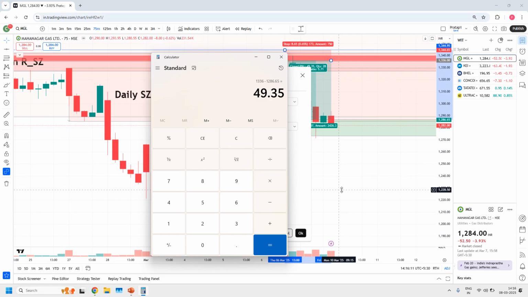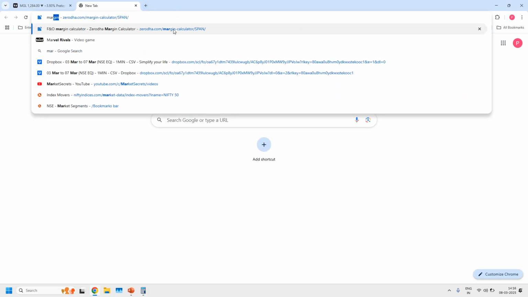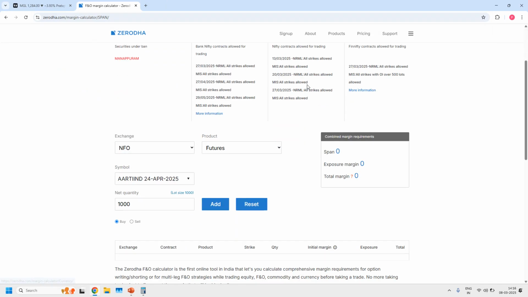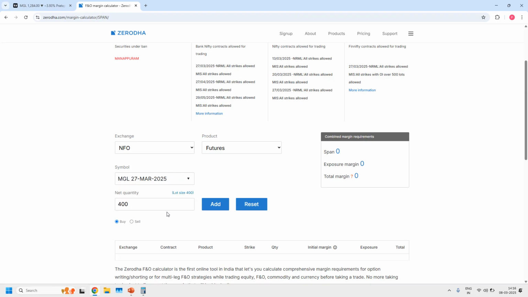Okay, suppose you take one lot, what could be the profit? We will calculate. So let us look into Zerodha's margin calculator. MGL is our stock. So let us say we have taken MGL 27th March 2025 futures.